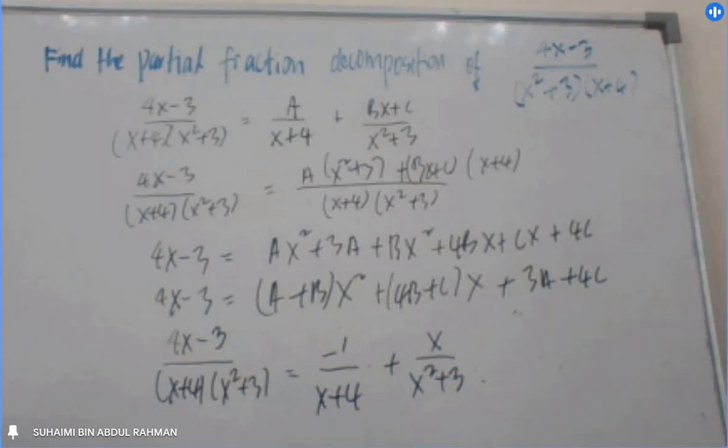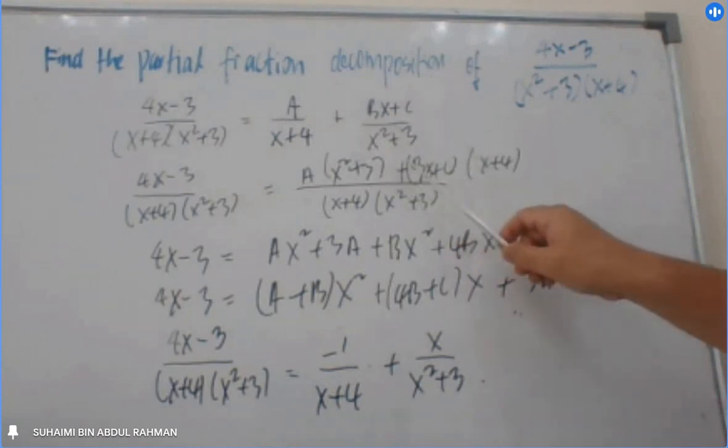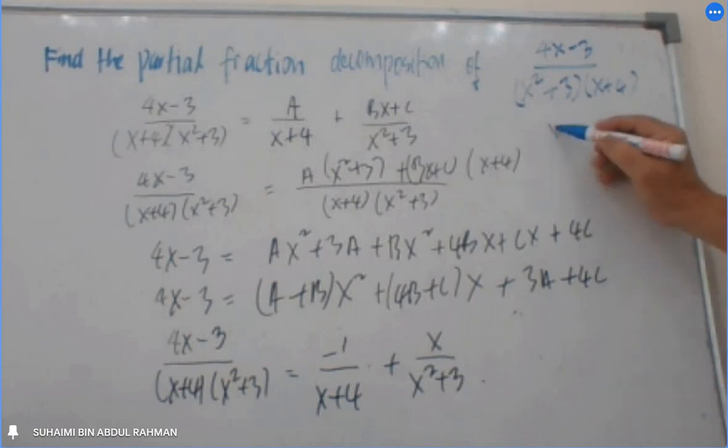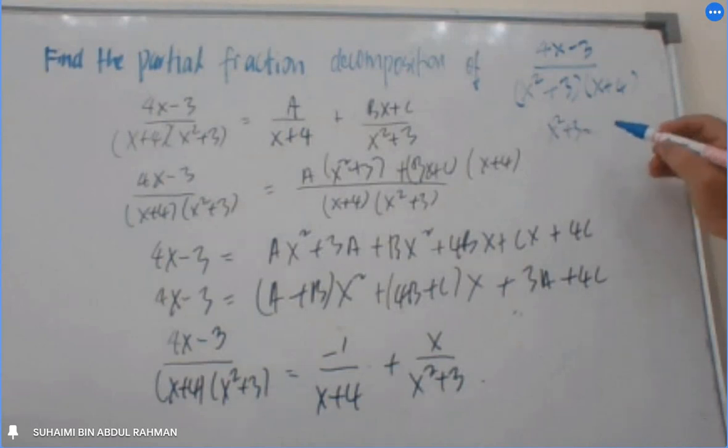Irreducible is something that you cannot reduce. Our quadratic x² + 3, can you reduce it? You cannot factor it more. So it is irreducible.